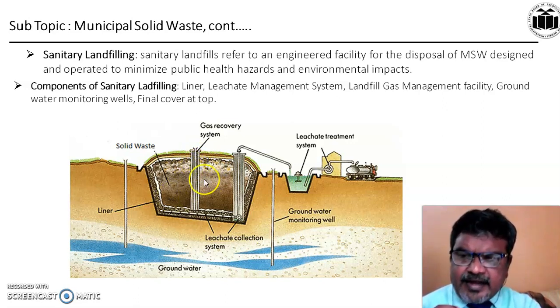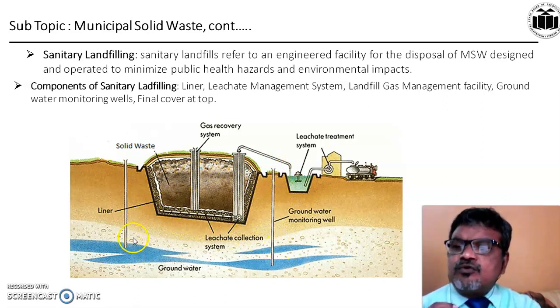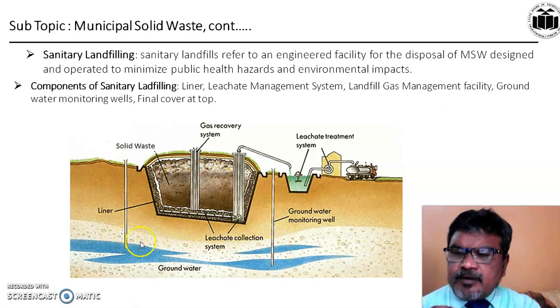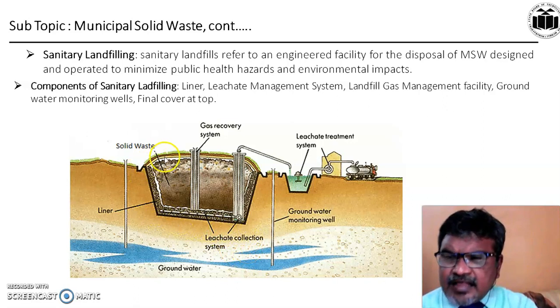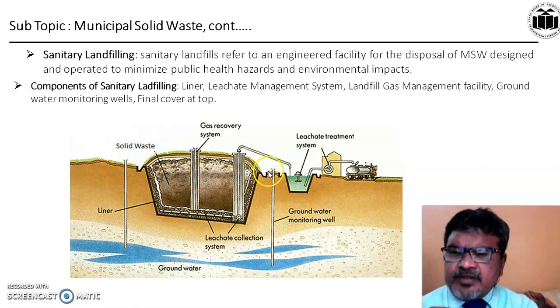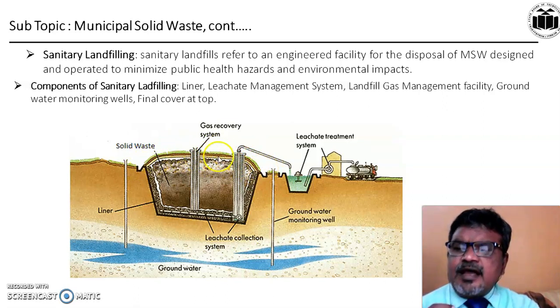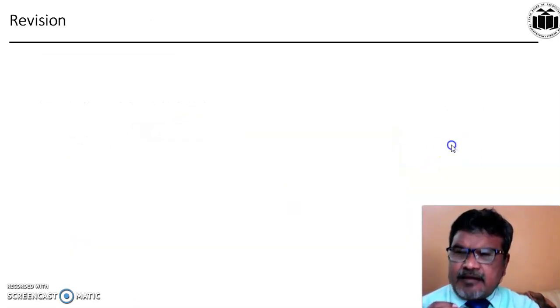Therefore, we have to collect it and we have to use these gases as a source of energy. As well as the ground monitoring wells are also provided to monitor the quality of groundwater nearby the landfill site. And there is a final cover at the top of the landfill so that the nuisance can be reduced and the rainwater should be prevented from infiltration into the landfills.